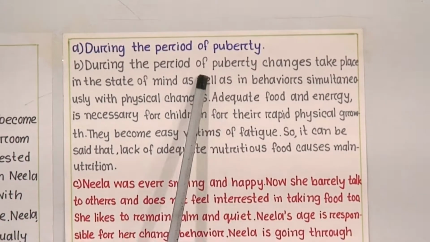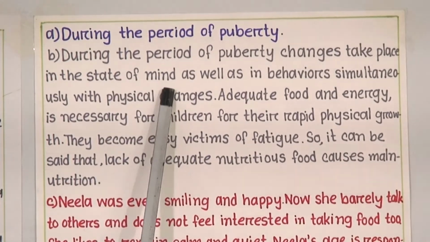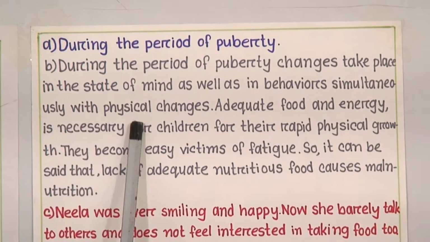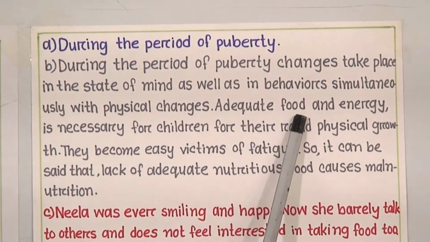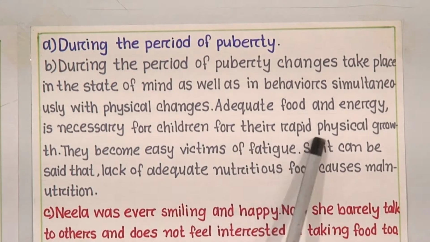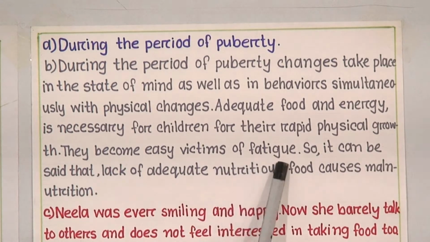During the period of puberty, changes take place in the state of mind as well as in behaviors simultaneously with physical changes. Adequate food and energy is necessary for children for their rapid physical growth. They become easy victims of fatigue.